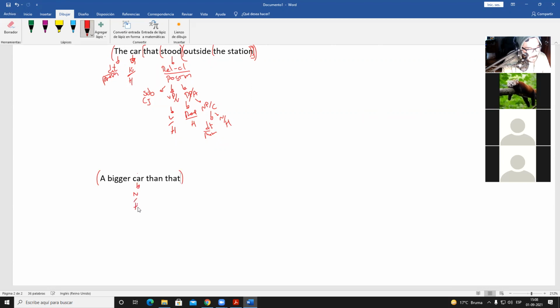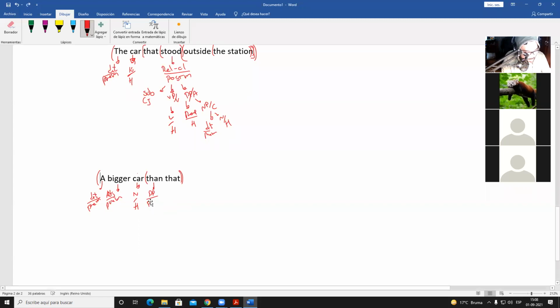Therefore, this is our noun head. This is our adjective pre-modifier. And this is our determiner pre-modifier. Then what we have is the presence of a prepositional phrase at the very end, right?